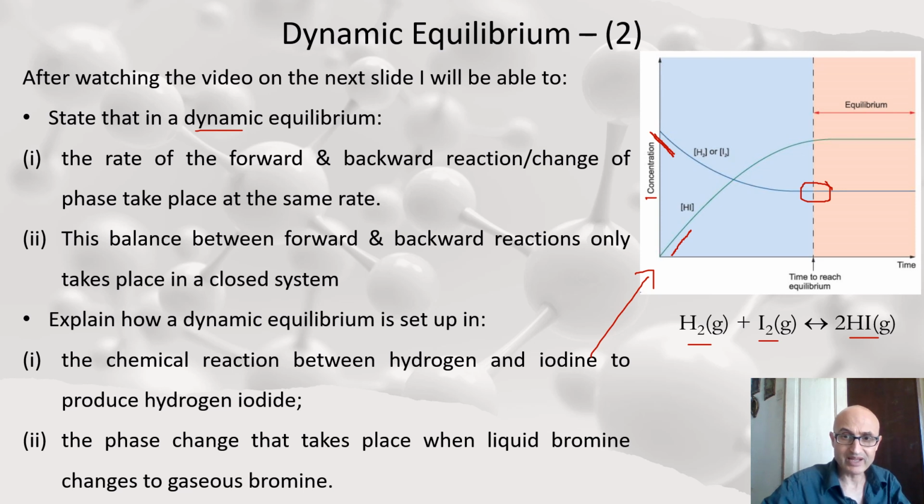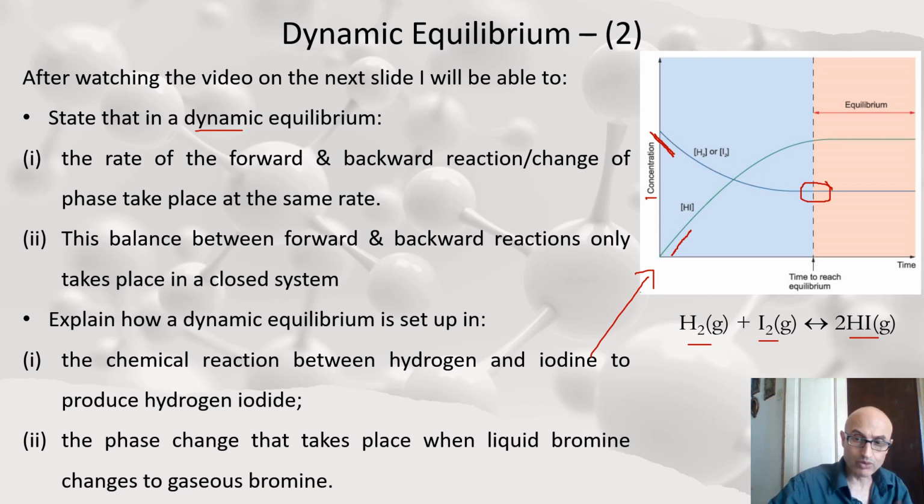Notice that at the start the hydrogen and the iodine are quickly meeting up since there are many free hydrogen and iodine particles. And the hydrogen iodide is therefore being very quickly formed because a lot of the hydrogen and the iodine are meeting up to form it.